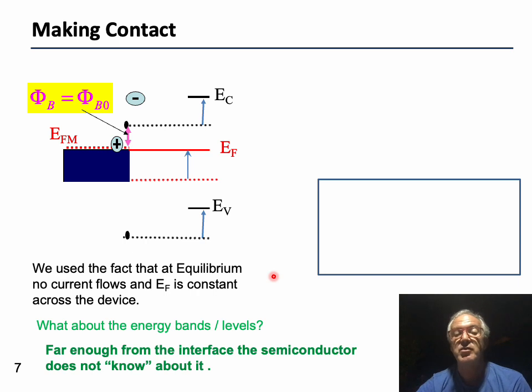the Fermi level is supposed to be at the same place relative to the conduction and valence band as it was before we made any contact. So we know where the bands are going to be far from the interface. We know that we place them close to the interface really the way they were before, and that's how we created this energy barrier.